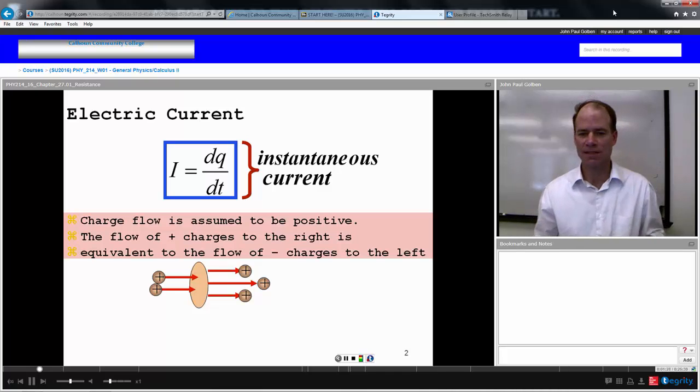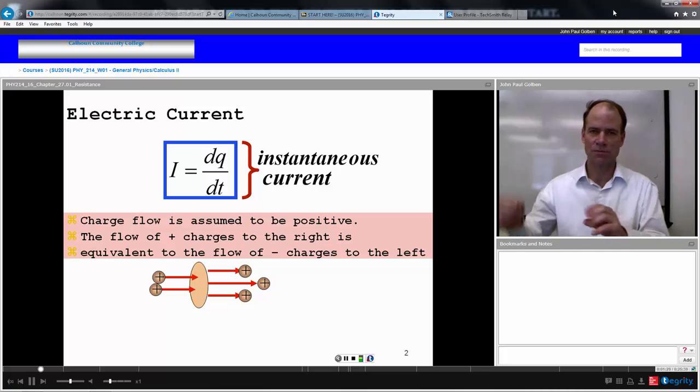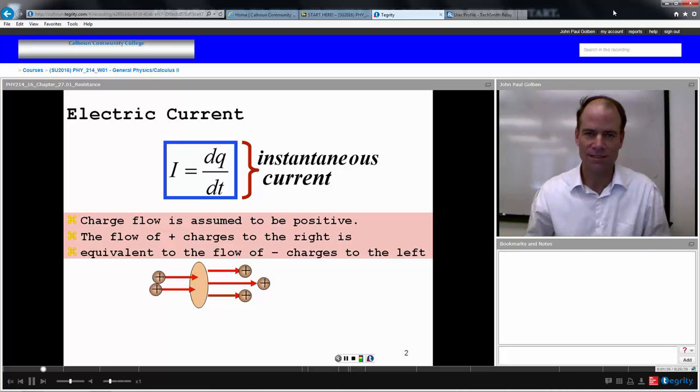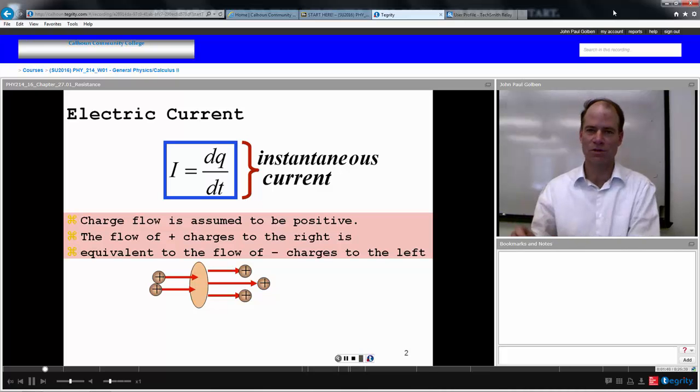And in fact, we're assuming positive charges moving from the positive terminal to the negative terminal in one direction, but the reality is we actually have electrons moving from the negative terminal of the battery to the positive terminal of the battery. So we do have the two wrongs being equal to a right.